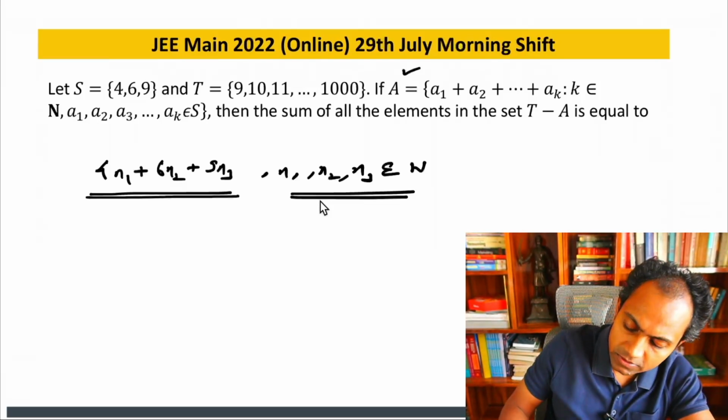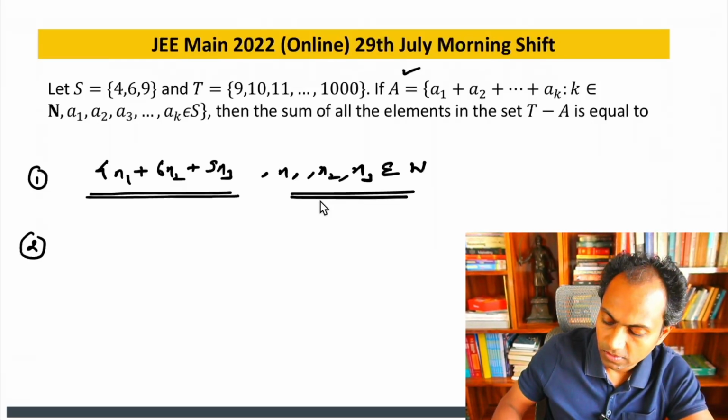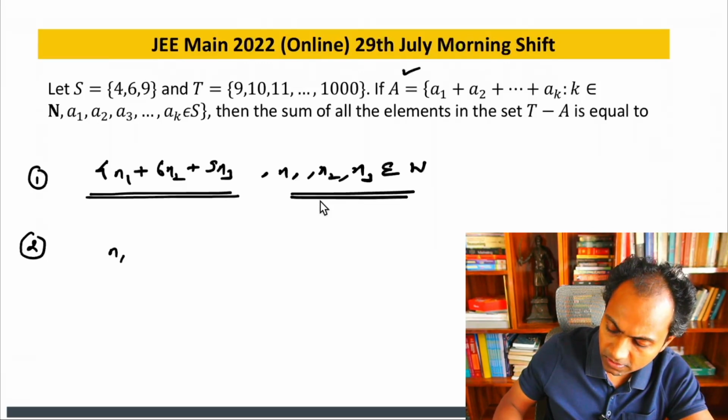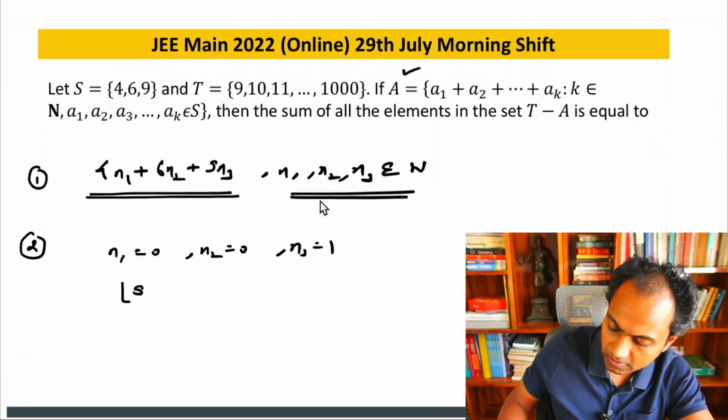So now once you have done that in the first part, in the second part, let us find how many elements can there be of this form. You can see that here if I put n1 is equal to 0, n2 is equal to 0, and n3 is equal to 1, you will get nothing but 9. You have got the first element.